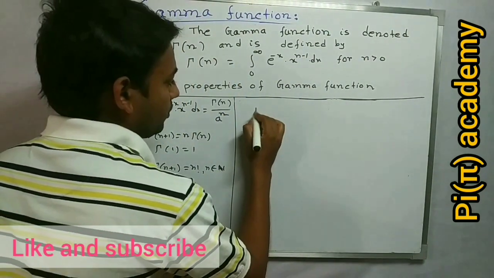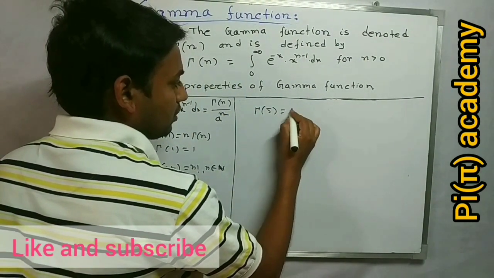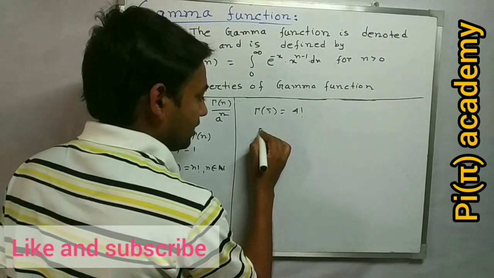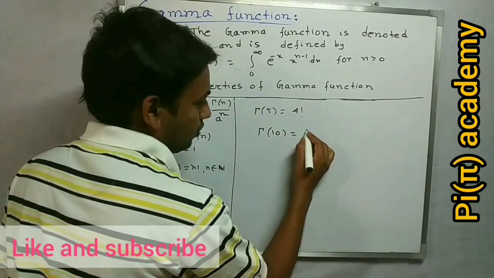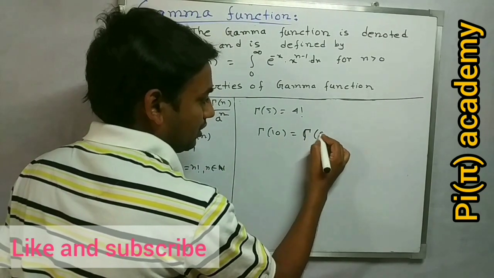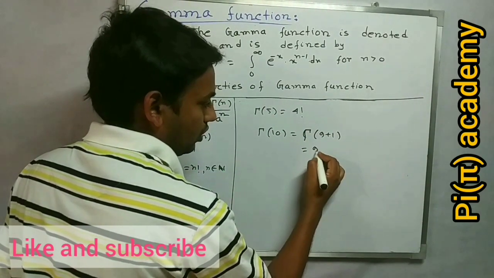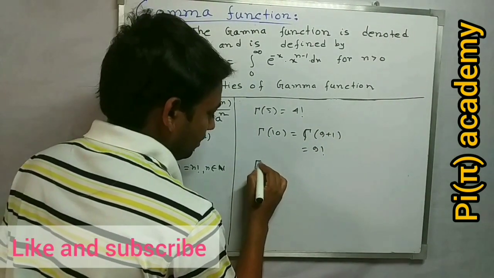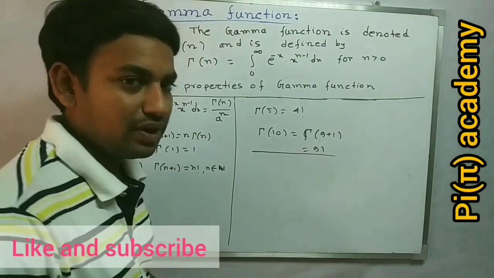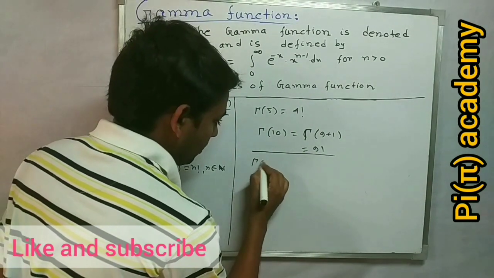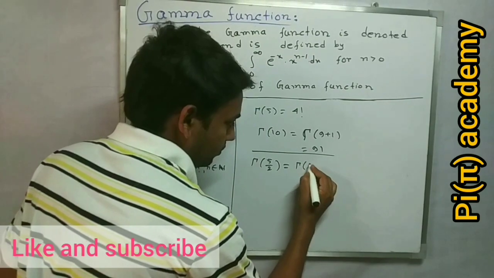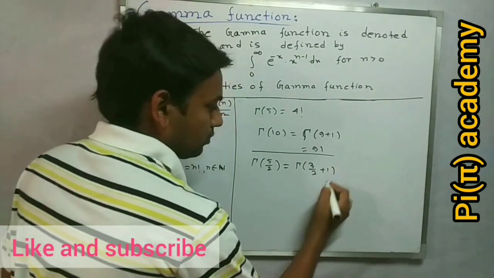Similarly, we can prove gamma 5 equals 4 factorial by this property, and gamma 10 equals gamma 9 plus 1 equals 9 factorial. Similarly, I can show gamma 5 by 2, which is gamma 3 by 2 plus 1.